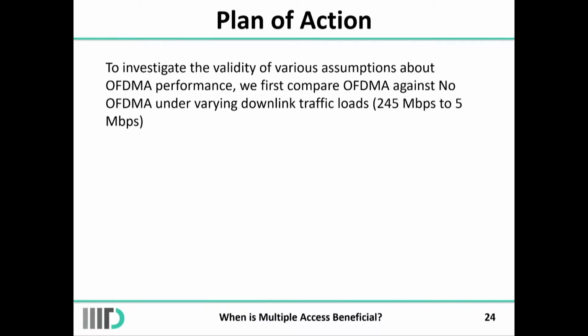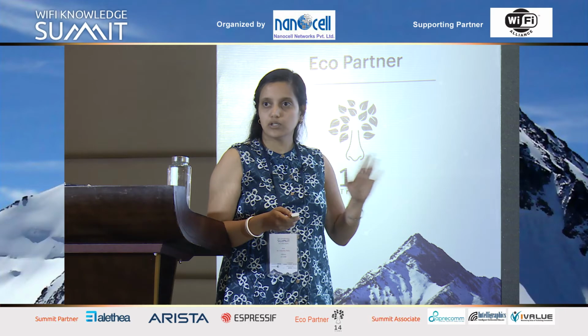To investigate that, we compare OFDMA versus non-OFDMA under varying traffic loads. We take 5 Mbps to 245 Mbps, because MCS 11 corresponds to a bit rate of about 240 Mbps, which is why low load to high load.